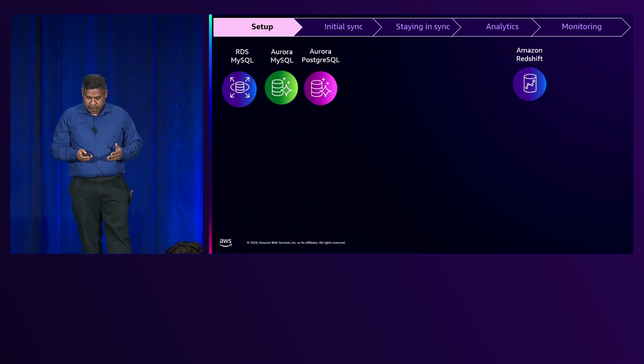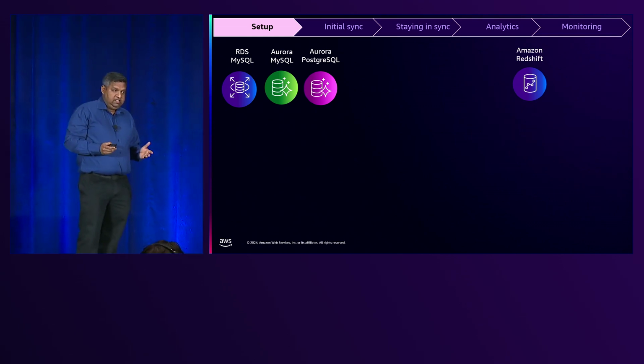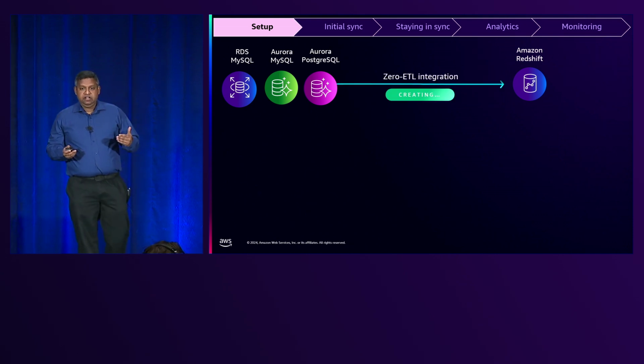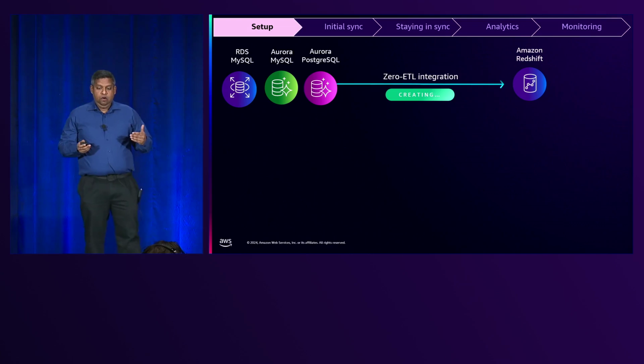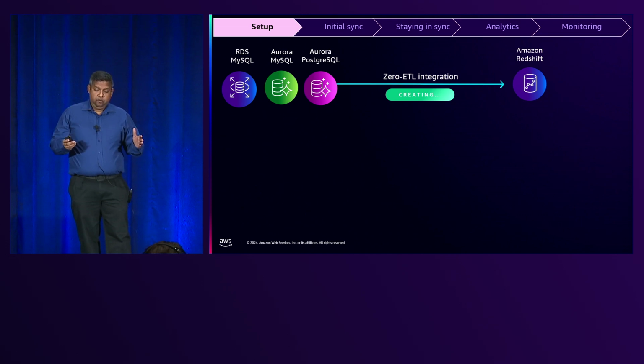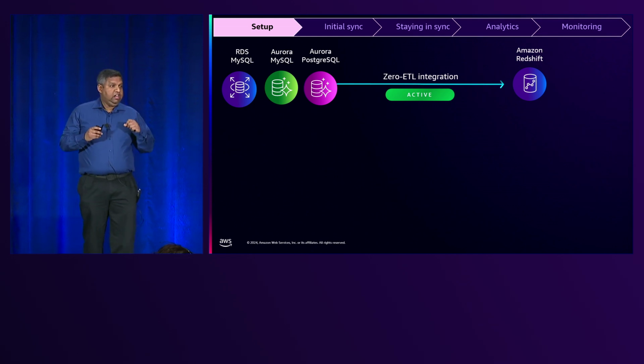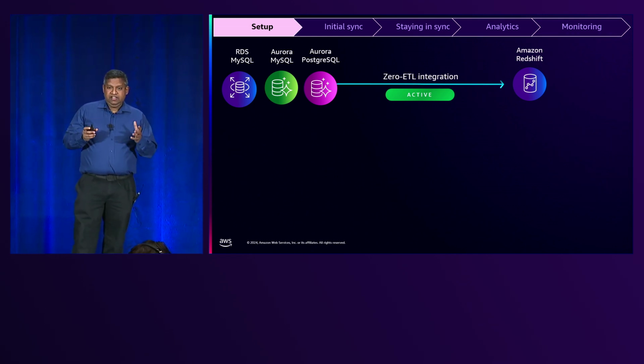Once the parameters and the integrations are set up, an integration behind the scene is created for you, and while creating it, it will make sure that the parameters are correctly set up for you and everything is working. And when it gets there, it goes into an active state. When you see an active state, that means the integration is created behind the scene, but it's not ready to use yet.